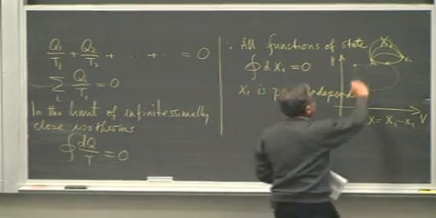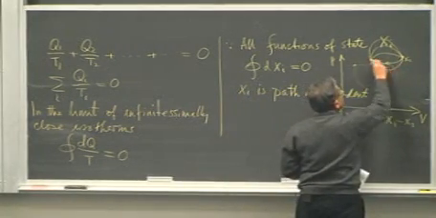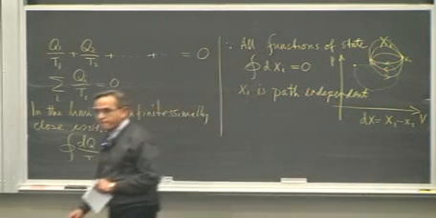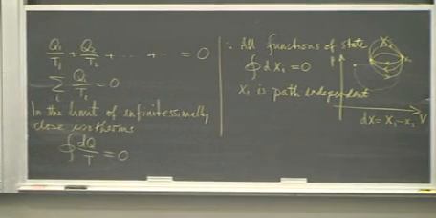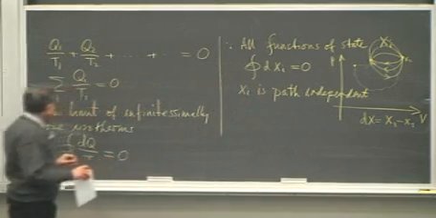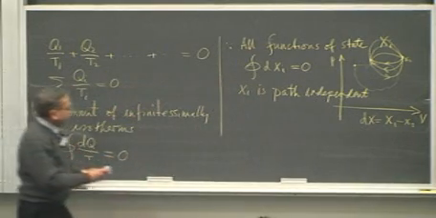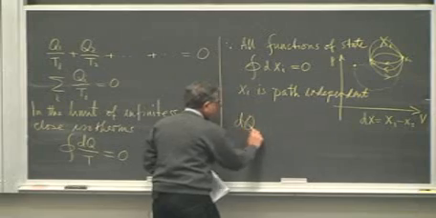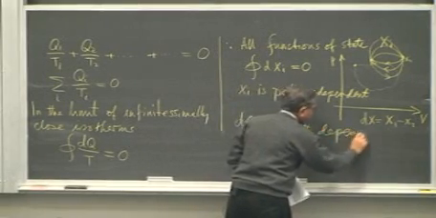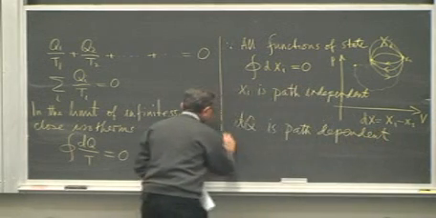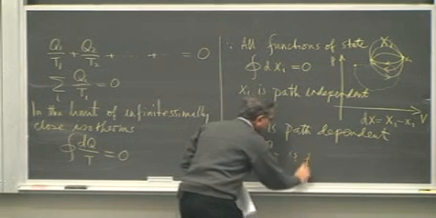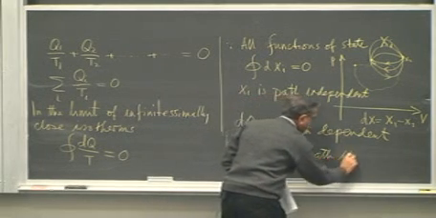Or you can say, if you can get back and the value is 0, then it doesn't really matter how you went and how you came back. Okay? So path independence follows from this particular property. And therefore, what we have over here is that dq is path dependent, but dq over t is path independent.